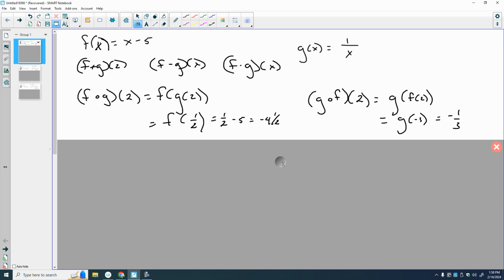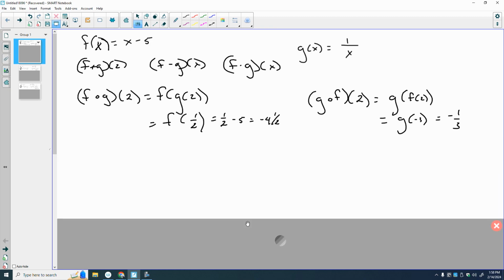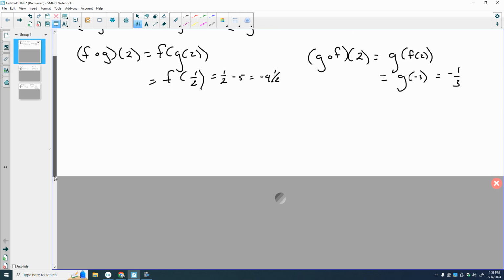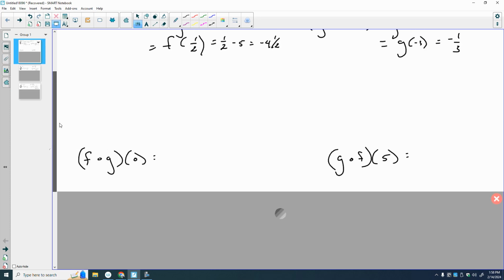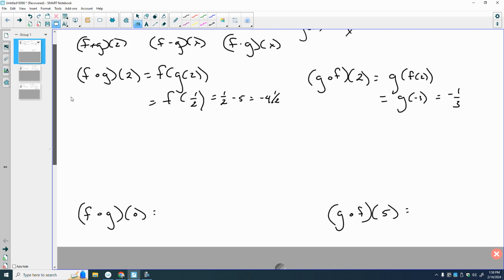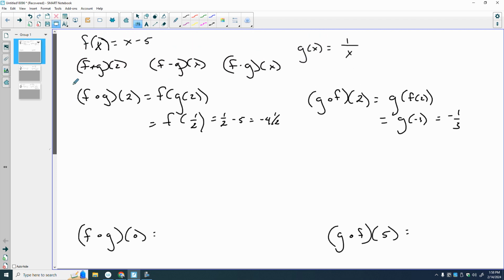So what if it's down there somewhere? Let's look at this here. What is f of G of 0? So we talked about one function that didn't work. How about this one here? Let's just go ahead and do that. So get rid of all this because it's kind of messy.